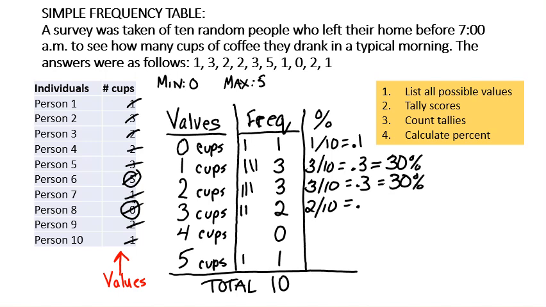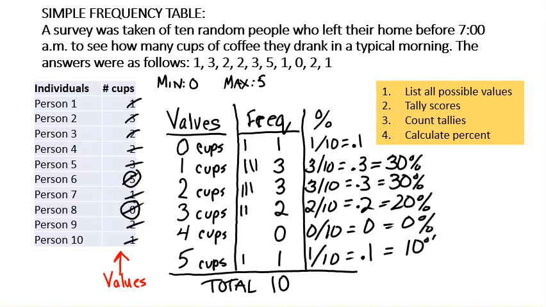Two divided by 10 equals 0.2, which is 20%. It's good to get used to this. 0 divided by 10 equals 0%. And 1 divided by 10 equals 0.1 equals 10%.